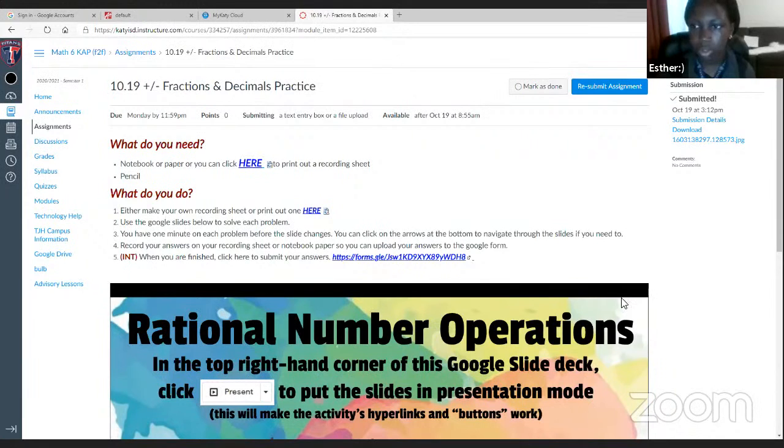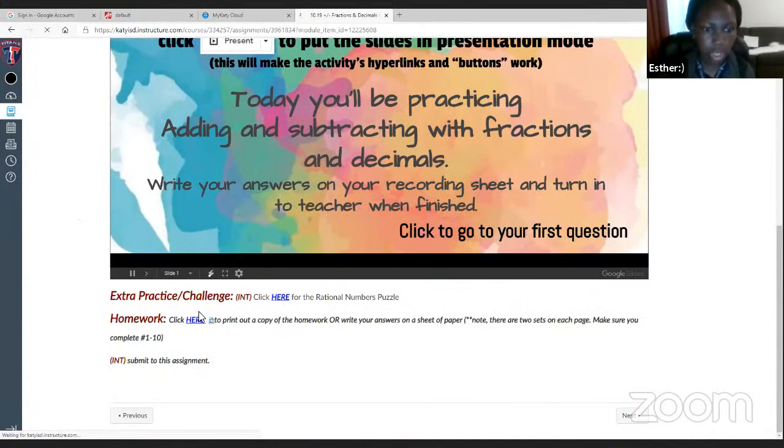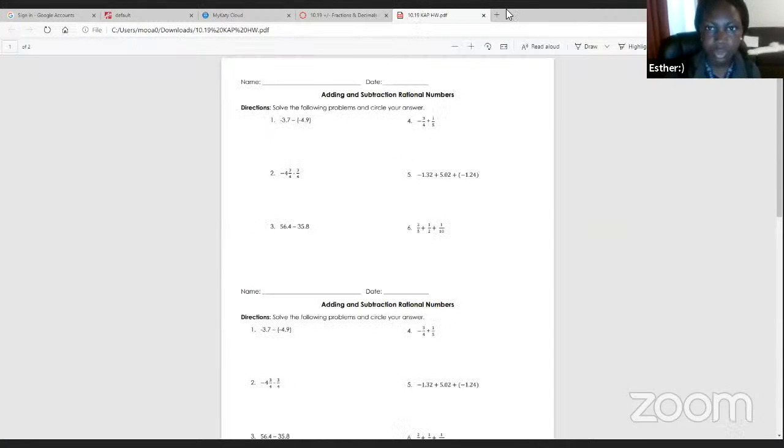But we can go through this really quick too. I just need help to check a question if I got it correct. So for this question, number 2.